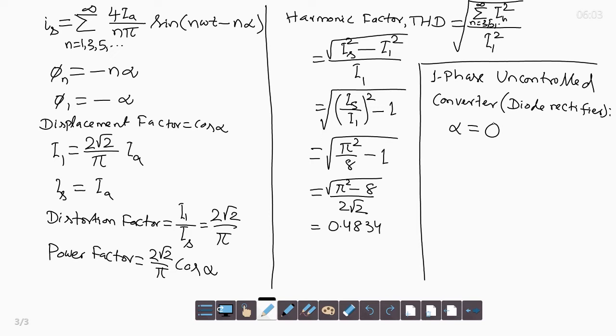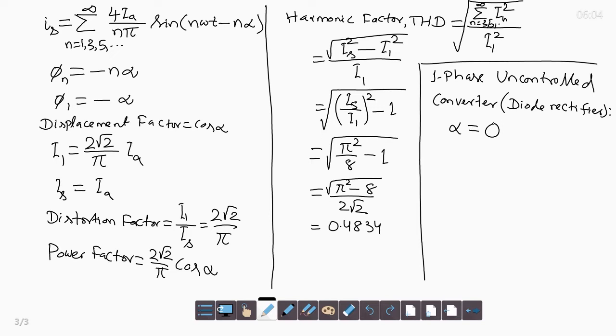When the forward voltage is positive, it gets turned on. So there is no alpha control, alpha is 0. A thyristor has the benefit that it can delay the firing, delay the turn on by angle alpha. Alpha is called the firing delay angle. So only a thyristor can be turned on with any delay alpha. A diode turns on with alpha equal to 0.